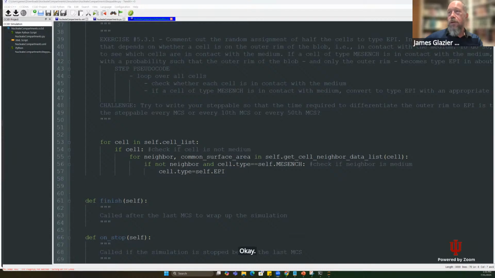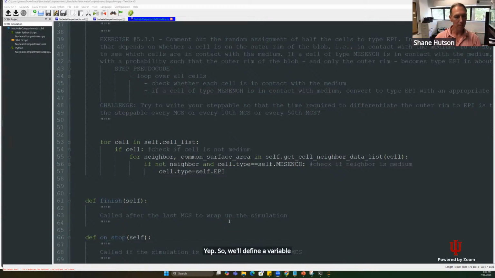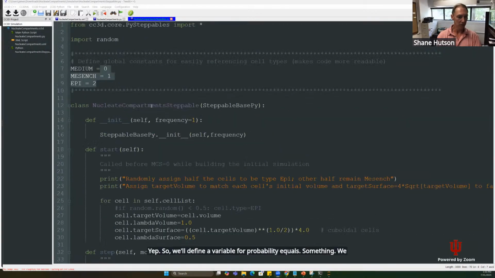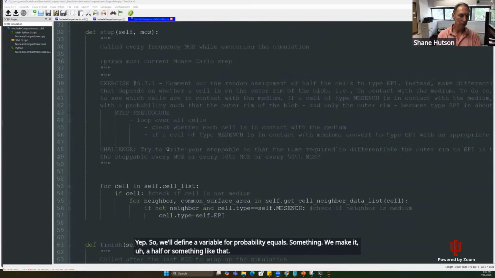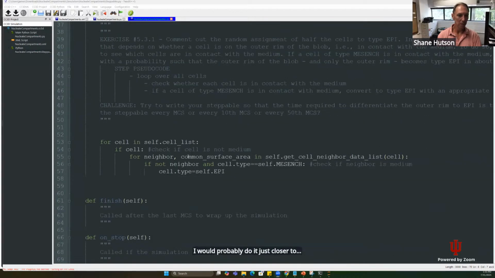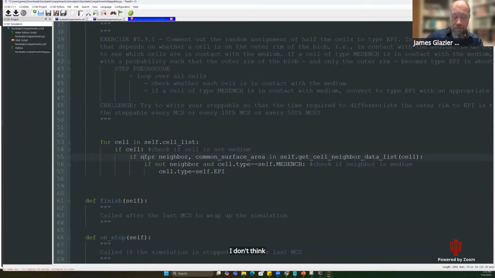Okay, so do you now want to make this a probability rather than a definitive result? Yep. So we'll define a variable for probability equals something. We make it a half or something like that. I would probably do it just above that for loop. I don't know if I have numpy random.random loaded.